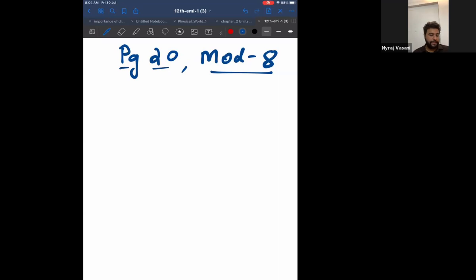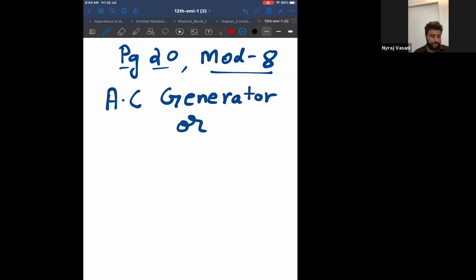In that, can you see one side heading, AC generator or dynamo? Can you see that side heading? AC generator or dynamo.